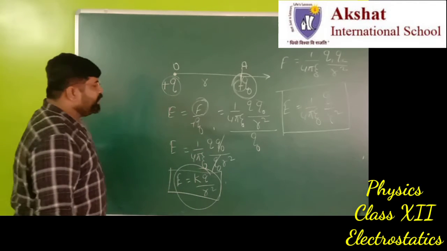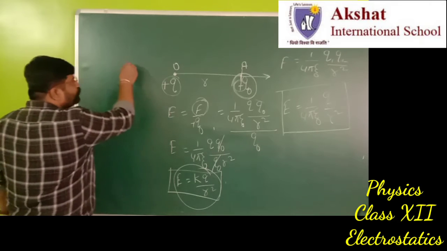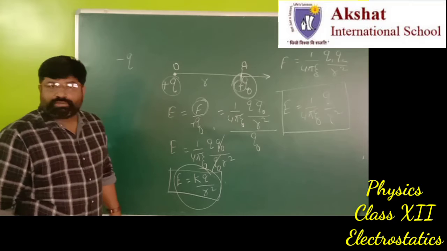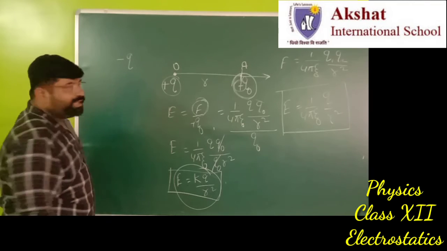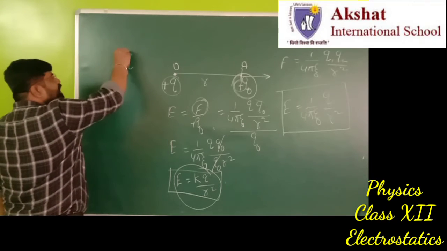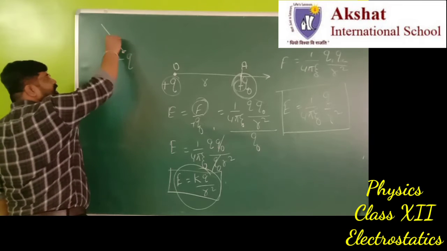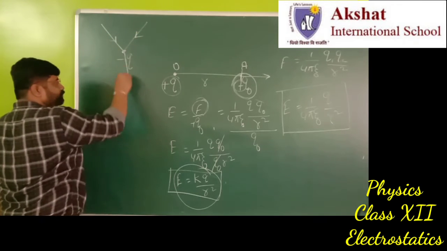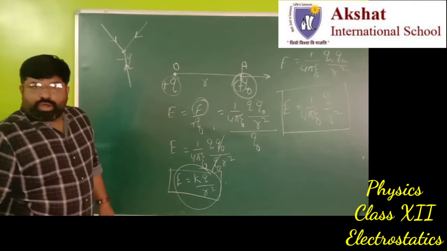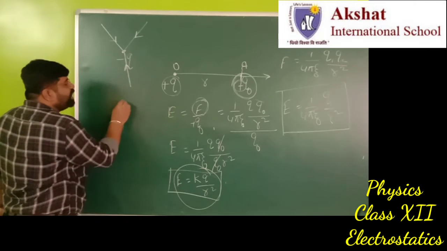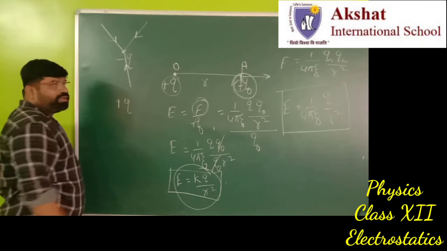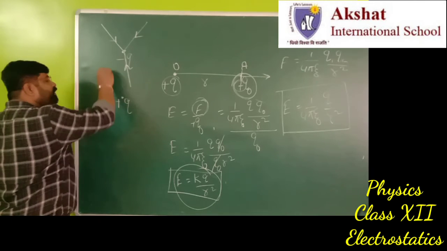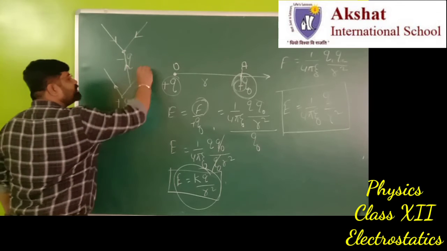If I have an electron, say minus q, a negative charge, then the electric field lines, or say the electric field, will look like this. And if I have a proton, a positive charge, then the field will look like this.